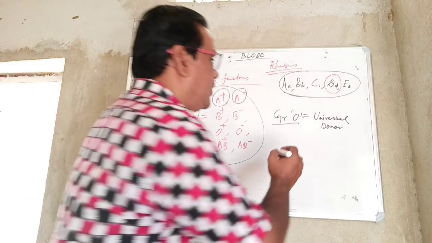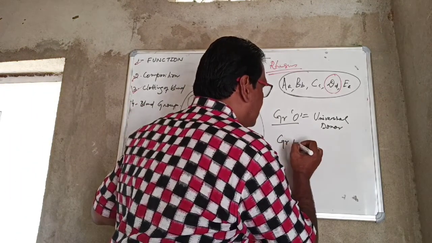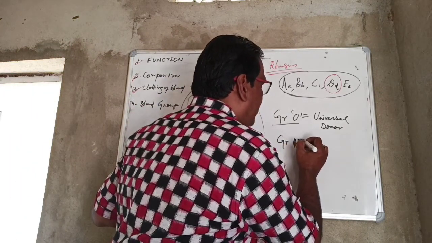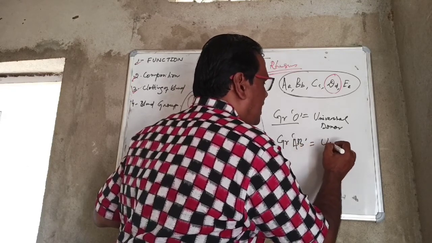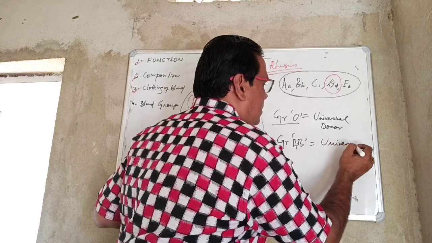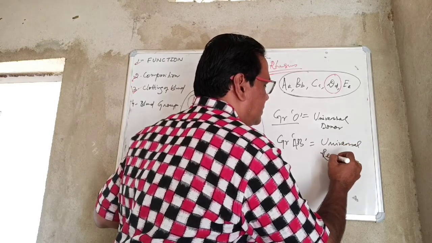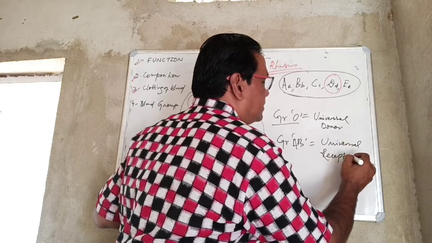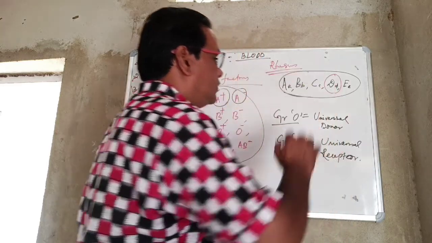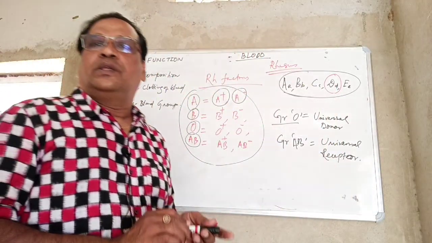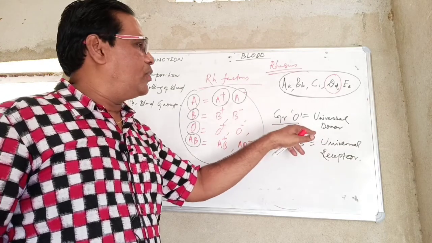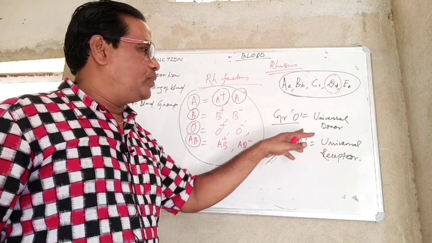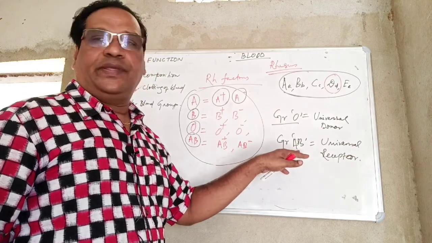And group AB is the universal receptor. So this is the character of group O, and of group AB.